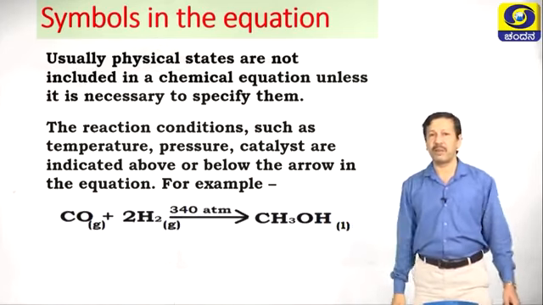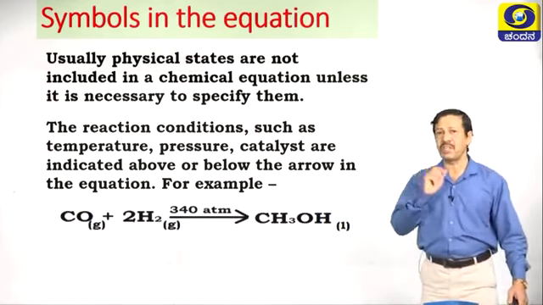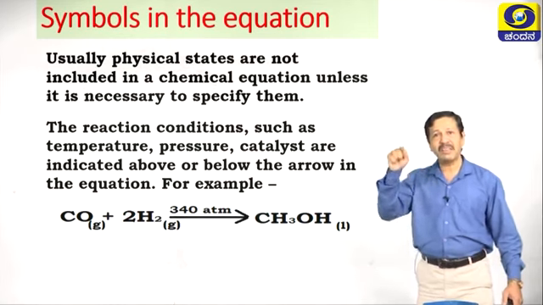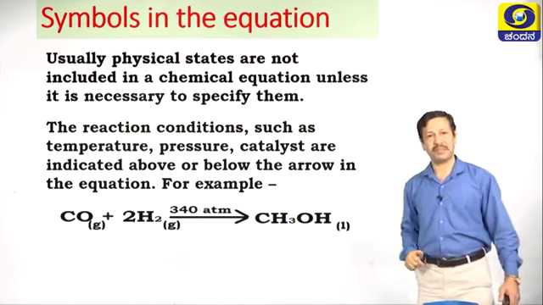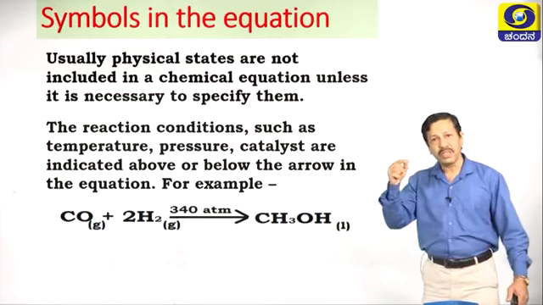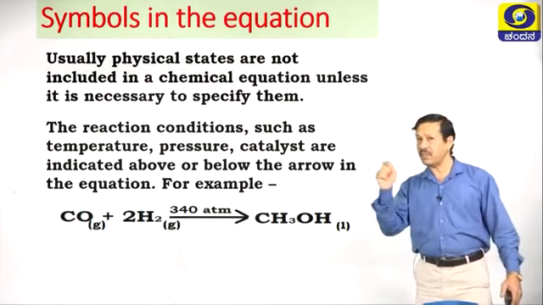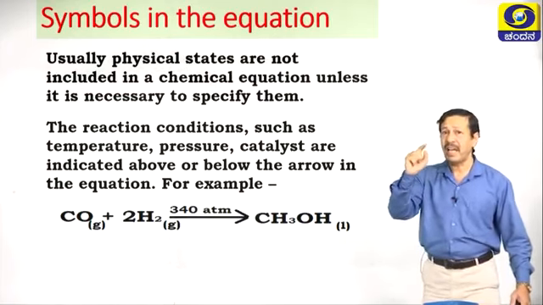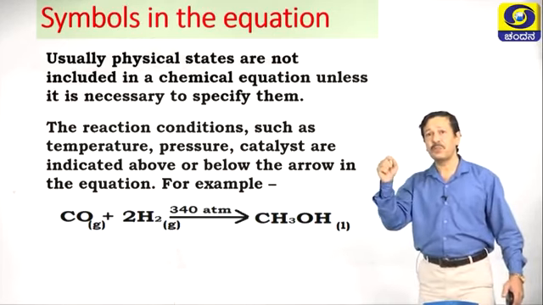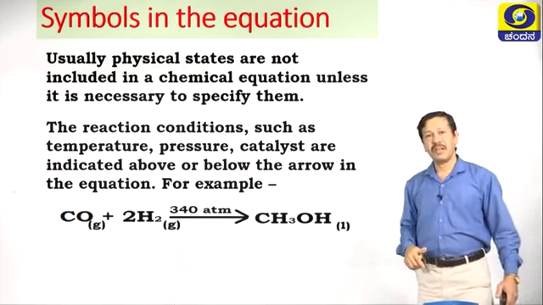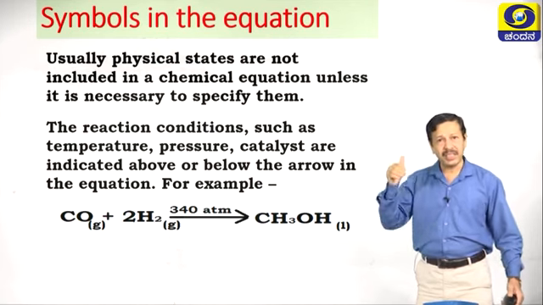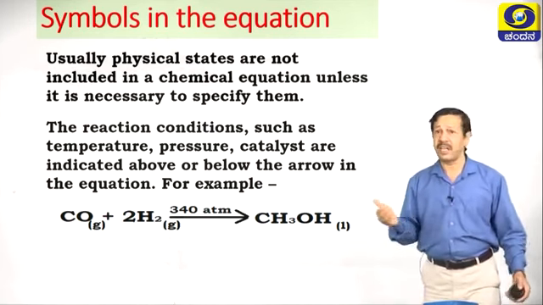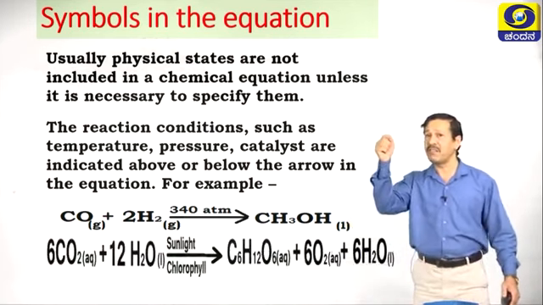Here is an example, that is carbon monoxide, which occurs in gaseous state, G representing, plus 2H2 gaseous gives rise to, on the arrow mark you are seeing 340 atm indicating atmosphere, that is the pressure. For the reaction you have to apply 340 atmospheric pressure, then you get methanol which is in liquid form.